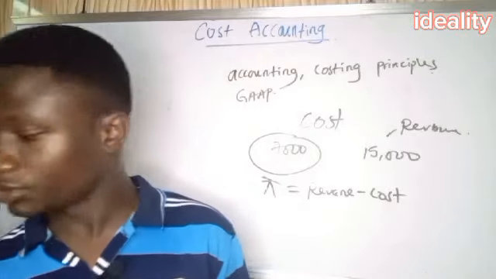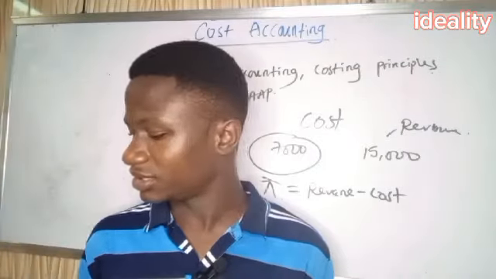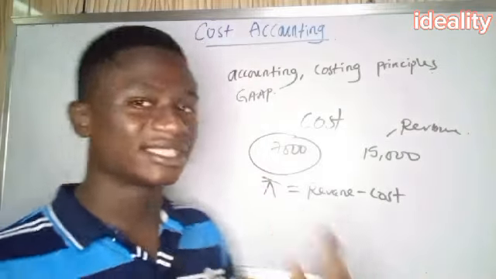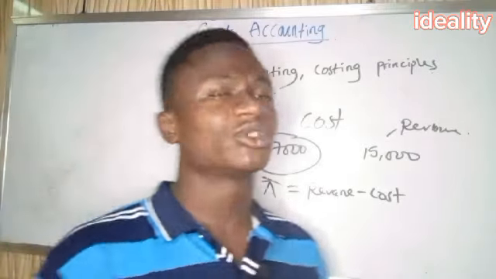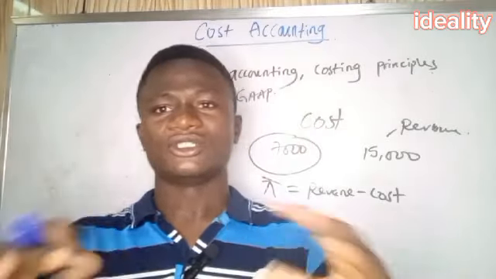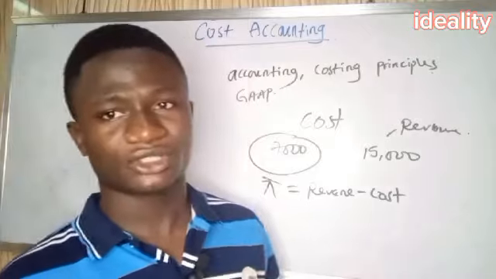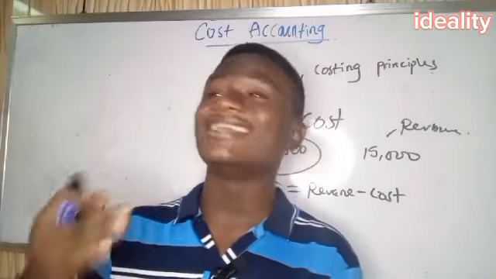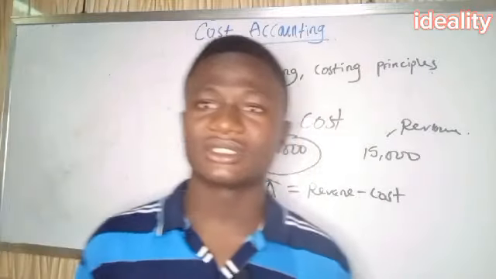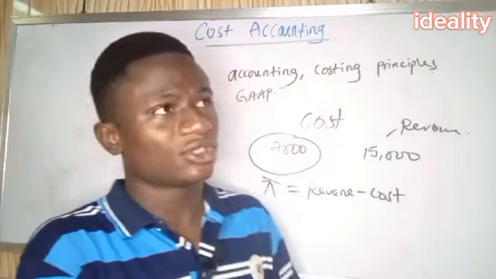And there is something you need to know: cost accounting is actually a subpart of management accounting. Management accounting deals with using the resources you have to achieve a higher output, while cost accounting deals with calculating the cost, so it's just a part.